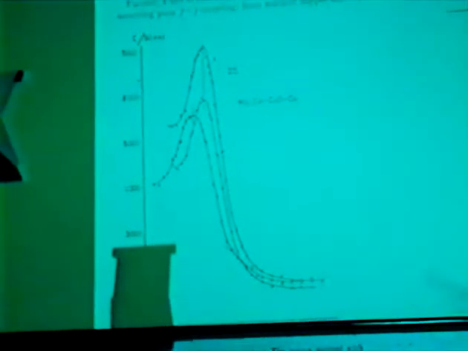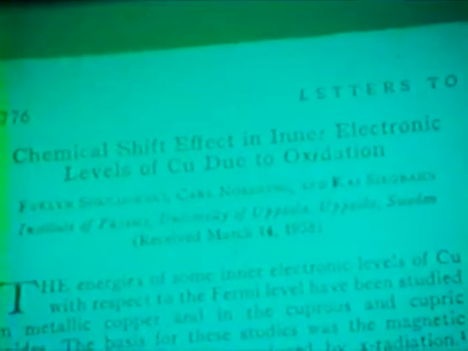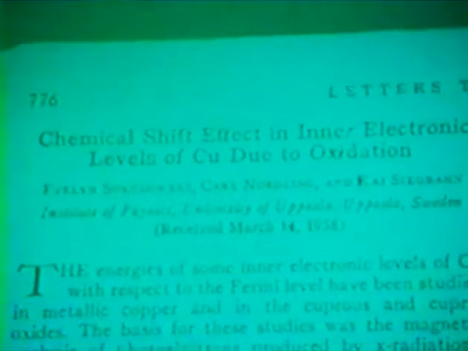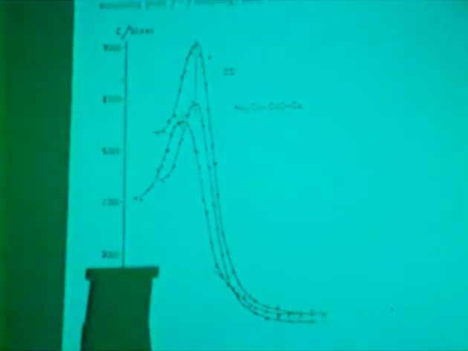Now, the other great event which took place in the middle of my PhD, but was unrealised by me at the time, was that Kai Siegbahn, again a man of the same generation, I think, produced his first letter, which showed that in photoelectron spectroscopy you could actually see a shift in the spectrum peak according to the chemical state of the material.